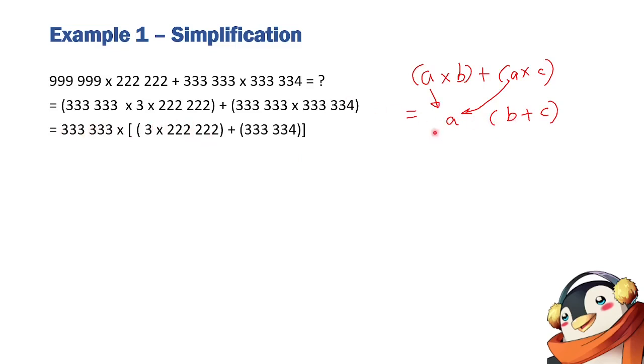Once you take out this number, next what you can do is 3 multiplied by 222,222, you get 666,666 plus 333,334. This number becomes what? 1 million, right?